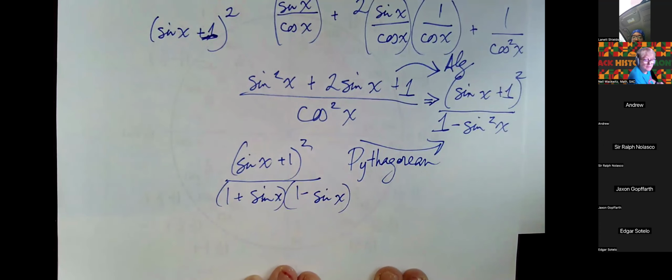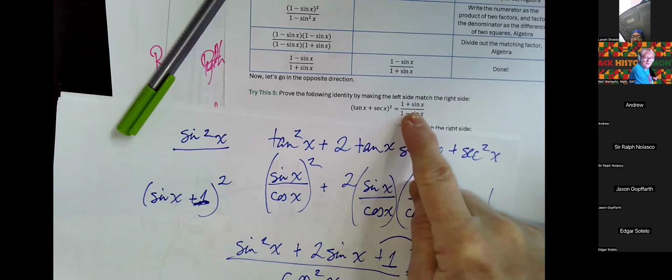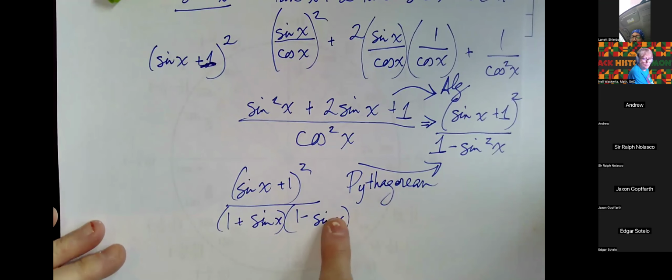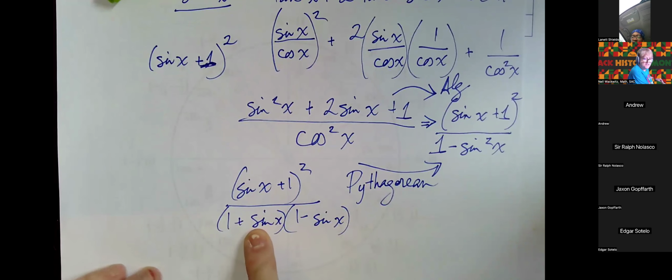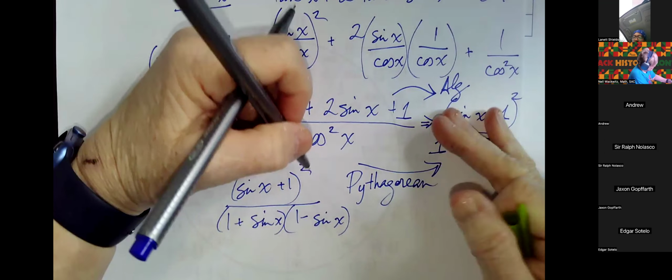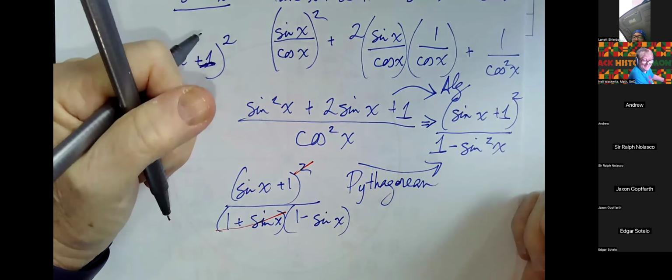So now, why are we at our goal? It doesn't quite look like our goal. Our goal was 1 plus sine x over 1 minus sine x. And I've got a 1 minus sine x, but I have a 1 plus sine x, and here I've got sine x plus 1, all squared. What can I do? You could cancel those.